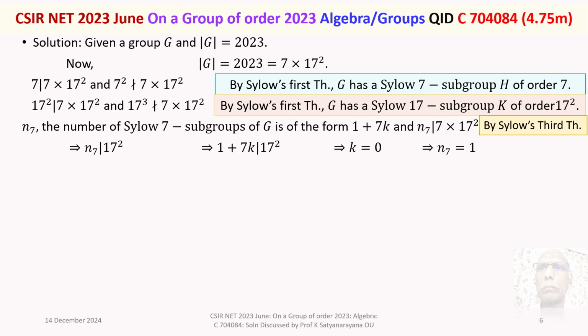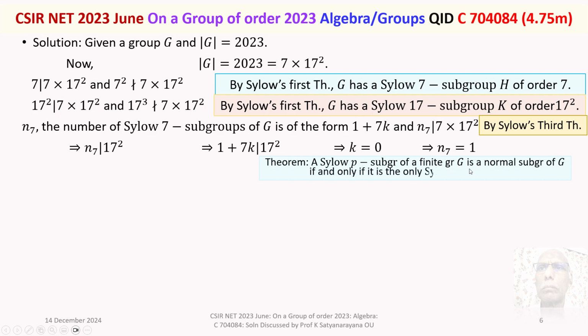So recall a theorem which says that a Sylow p subgroup of a finite group G is a normal subgroup of G if and only if it is the only Sylow p subgroup of G. Here n7 equal to 1 means it is the only Sylow 7 subgroup of G. Therefore, by this theorem, the subgroup H of order 7 is normal in G, not K. H is normal in G. So we have a normal subgroup.